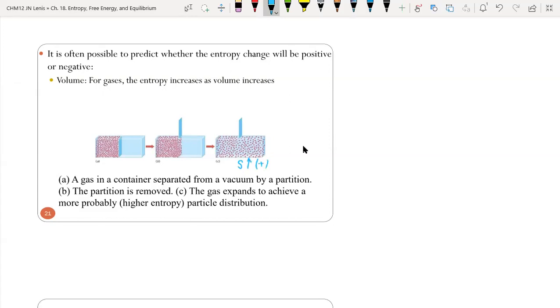Entropy is positive here, and here the entropy is negative. More disordered, more organized. And you keep compressing these molecules, they can become liquid. So that means here, the entropy is even more negative. Entropy goes down.